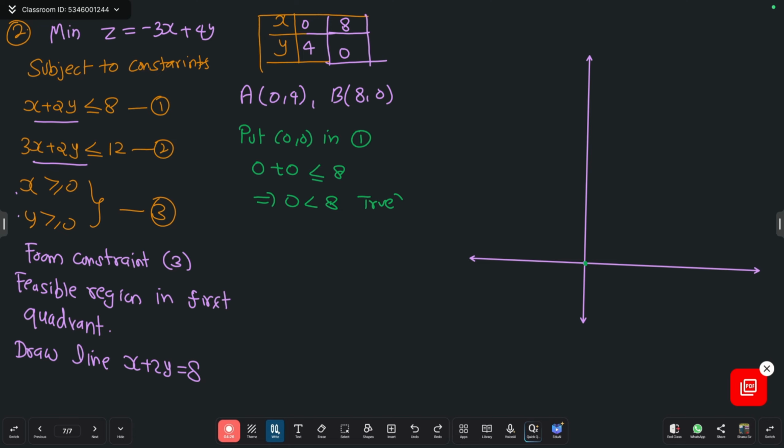True. It implies that the feasible region is towards the origin, because I selected the origin.